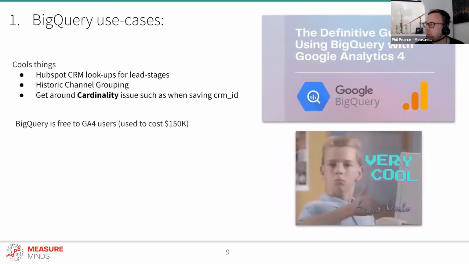In terms of tips and tricks, this is not an extensive list, and some of these are brainstorming a bit as well. The first obvious one is using the BigQuery linking within GA4. We're doing a lot of integrating with HubSpot and the HubSpot API, with some really juicy stuff within HubSpot and some great stuff within Google Analytics.